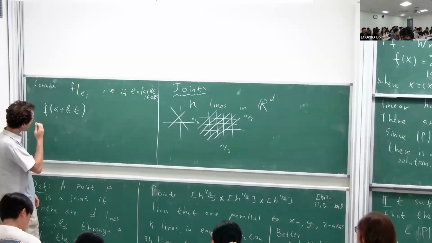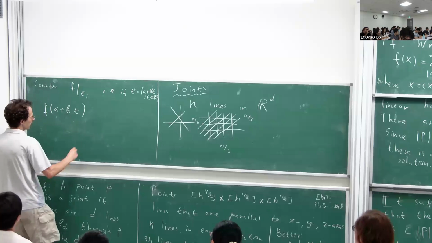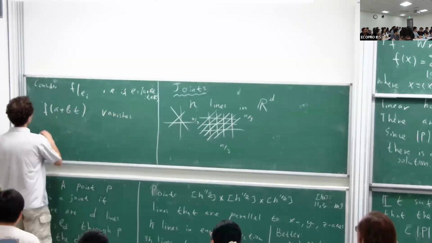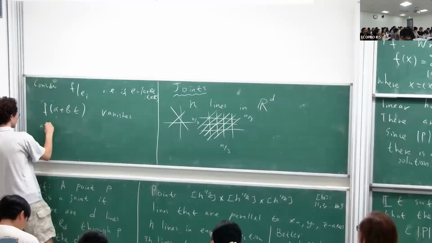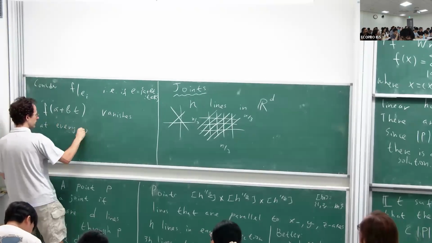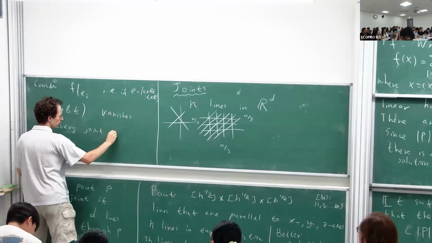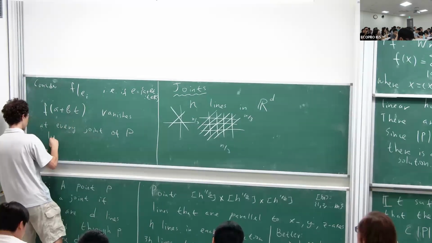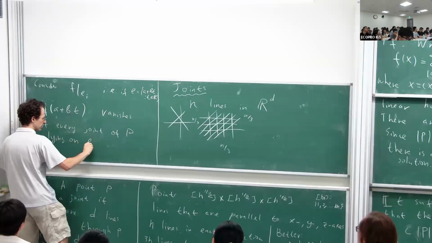So this one variable polynomial vanishes at every joint of P lying on this line.